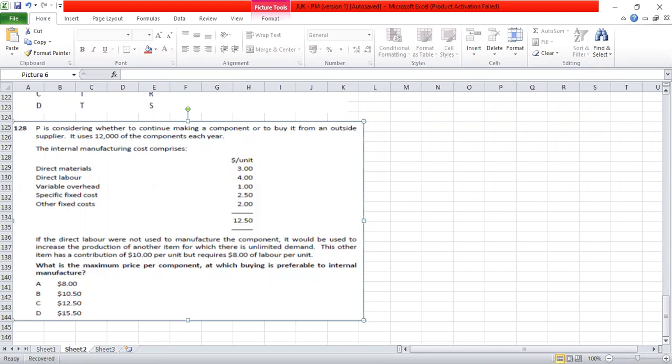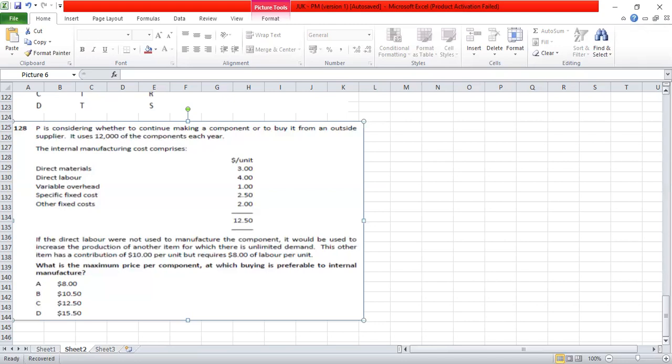If the direct labor were not used to manufacture the component, it would be used to increase the production of another item for which there is unlimited demand. This other item has a contribution of 10 per unit but requires 8 of labor per unit. What is the maximum price per component at which buying is preferable to internal manufacture?